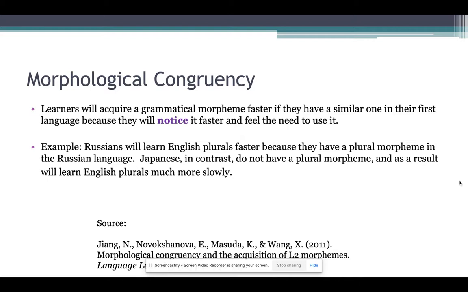And as a result, Japanese speakers will learn English plurals much more slowly. They simply don't feel the need to have plurals when using English because they don't use them in Japanese. They don't feel something's missing. So they're less likely to notice the English plurals, they're less likely to pay attention to them, and they're less likely to use them consistently.